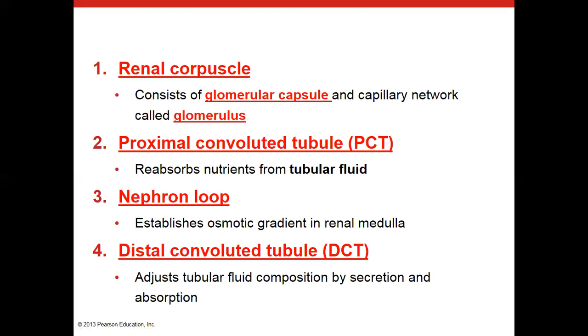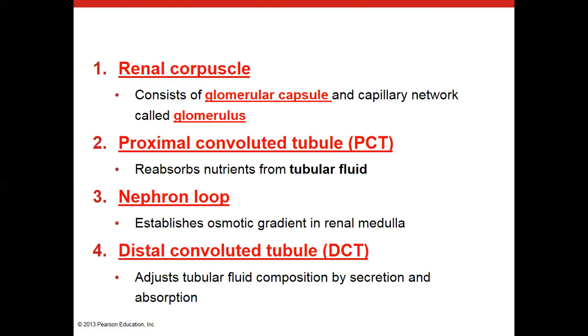The proximal convoluted tubule takes some of the nutrients from the filtrate that has just come from the capsular space into the proximal convoluted tubule and reabsorbs them back into the blood. So reabsorption is a major function of this section of the renal tubule. From there, filtrate moves into the nephron loop, which exchanges ions and water to concentrate or dilute the urine that's making its way through that part of the tube.